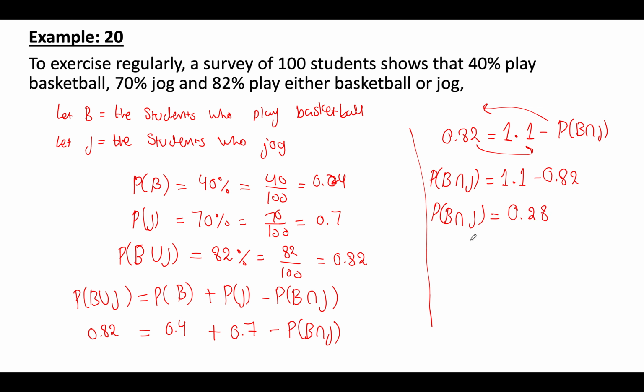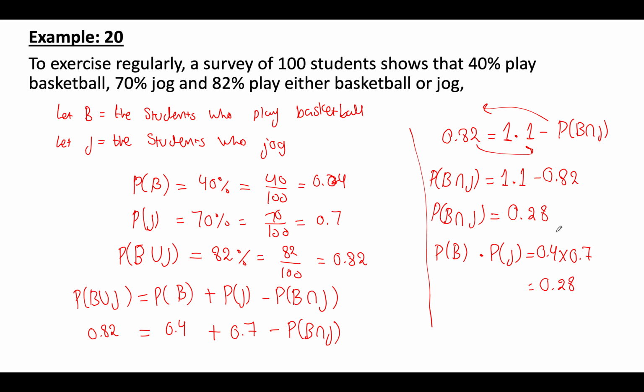Now, if we take the probability of students who are playing basketball multiplied by the probability of students who jog, we get 0.4 multiplied by 0.7, which is equal to 0.28.